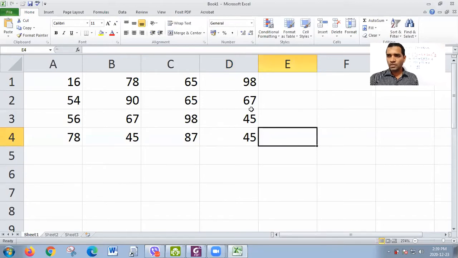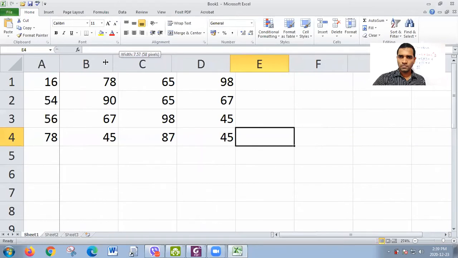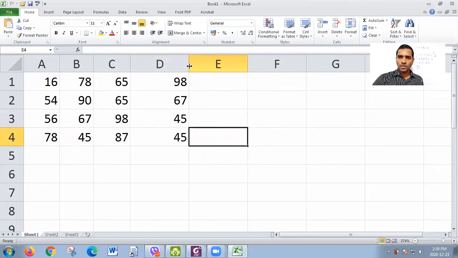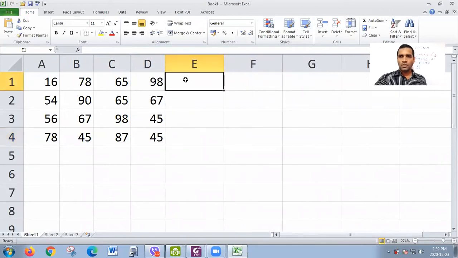Okay, these are enough for me to explain. Look here, this is how the width of the column is adjusted. You can take the cursor between two columns and drag it. Now I have a bunch of data.